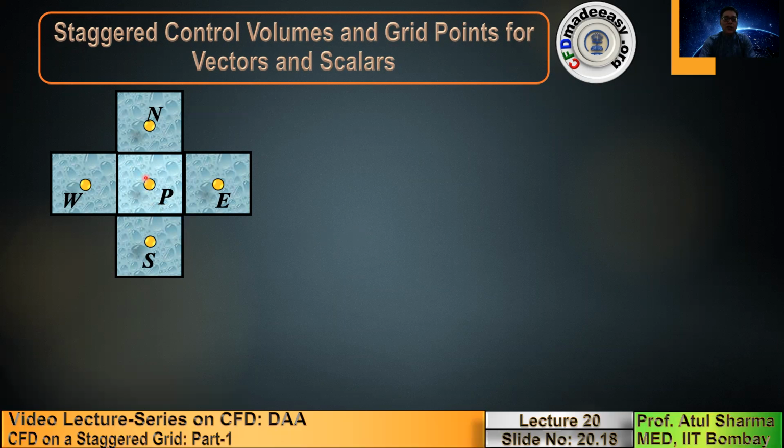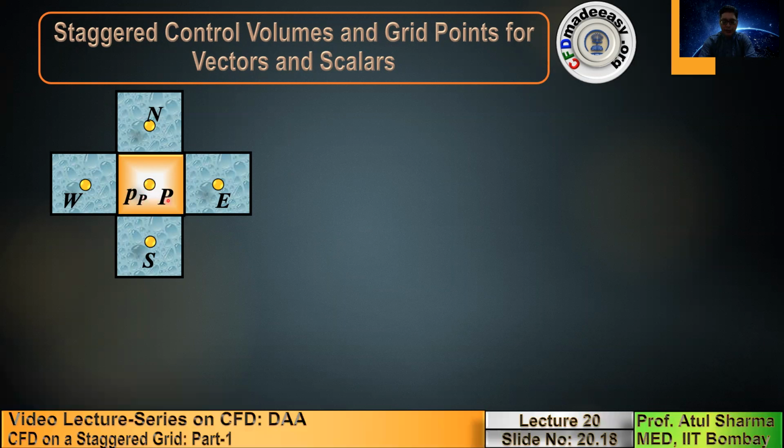So on a staggered grid, consider this yellow circle not as a pixel or grid point for all the flow properties, but for pressure. Let's suppose we call this the pressure control volume, and this yellow circle is the pixel for pressure.